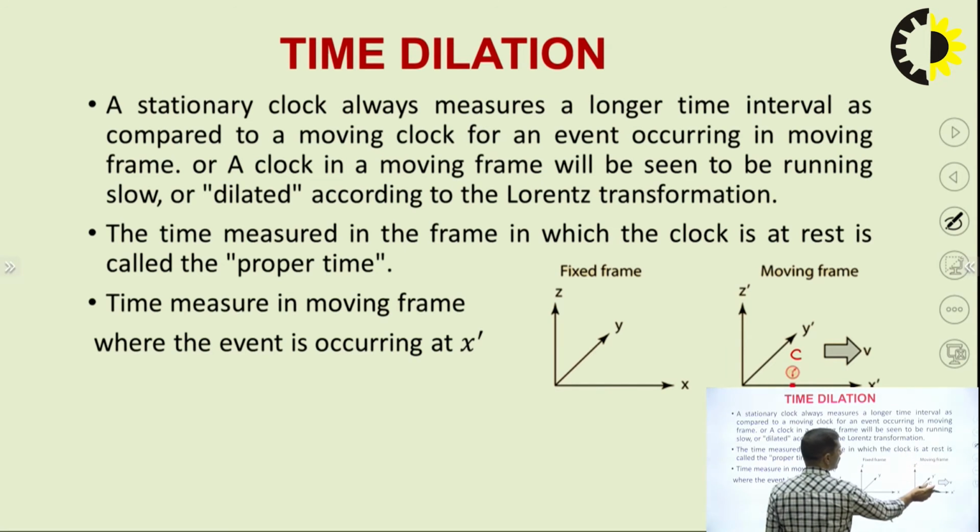So here, as I have told, to find out the amount of time dilation, we have considered a clock C in a moving frame. Again, the frames will be stationary, inertial frames. One will be the fixed frame, another one will be the moving frame.